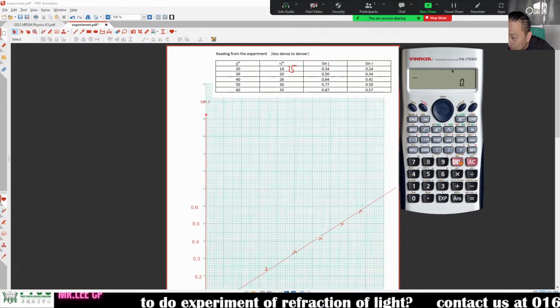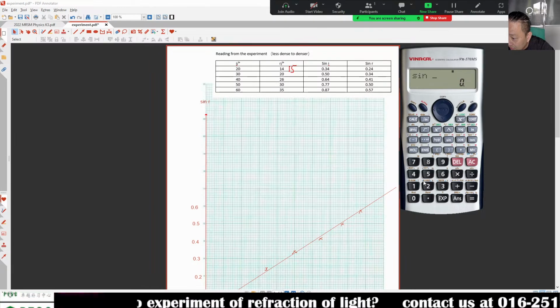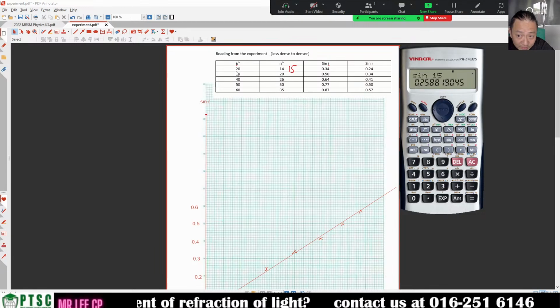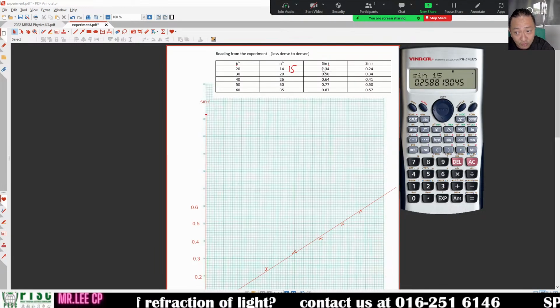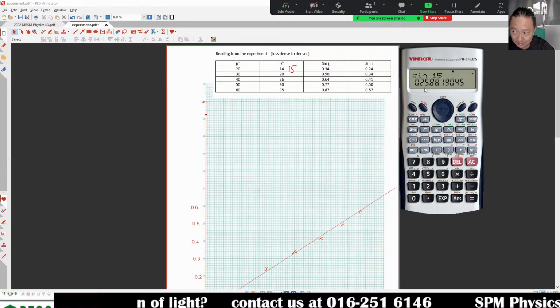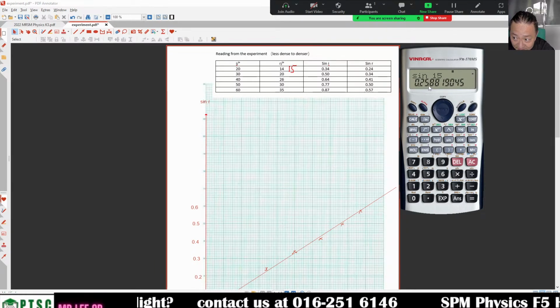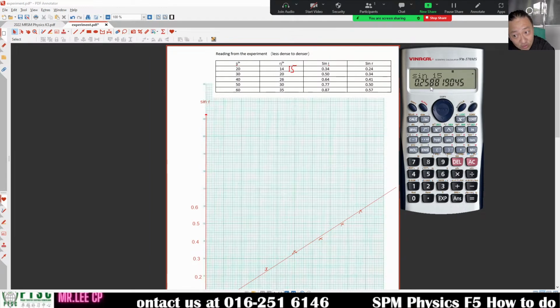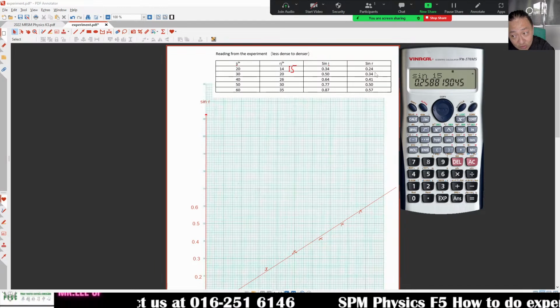Sine 15 how much? This is incident 20, sine is 0.34. This one sine 15, 0.259. 0.26, okay? I put 2 decimal, 0.26.